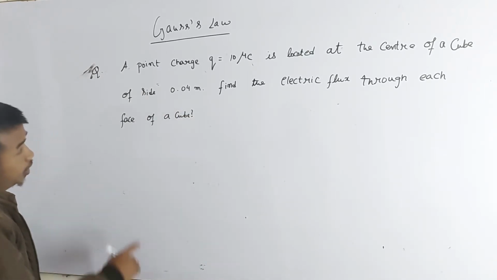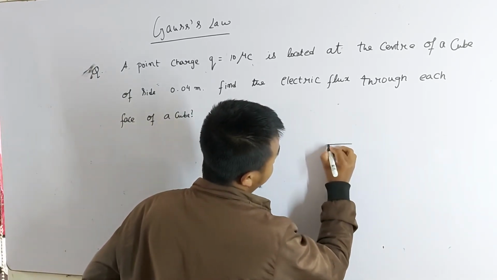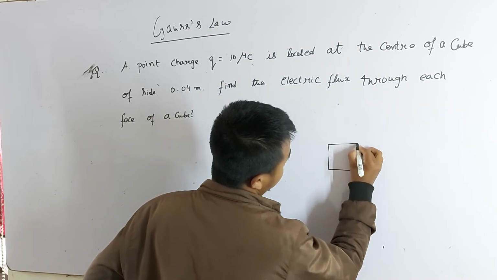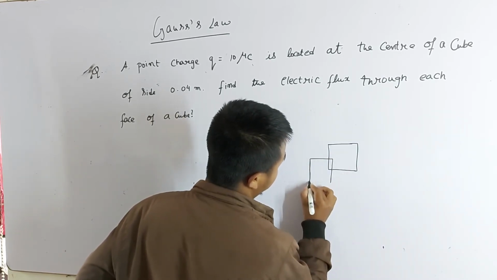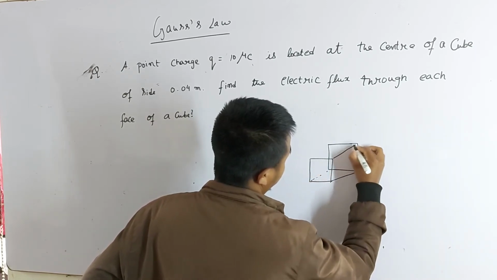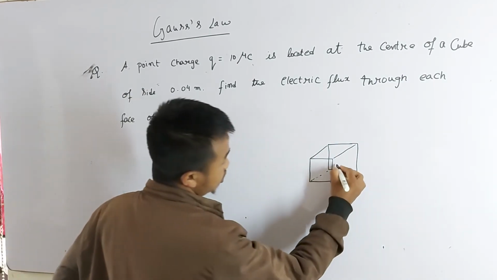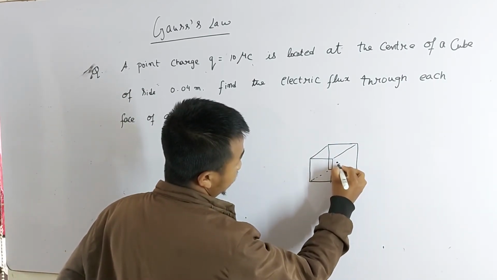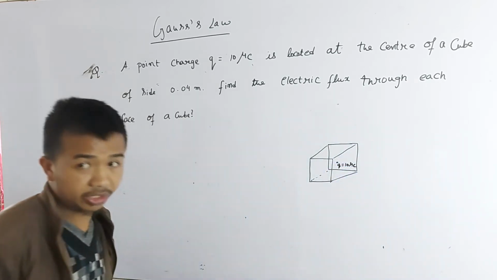So according to this question, we have a cube like this, and there is a charge Q equal to 10 microcoulomb at the center.